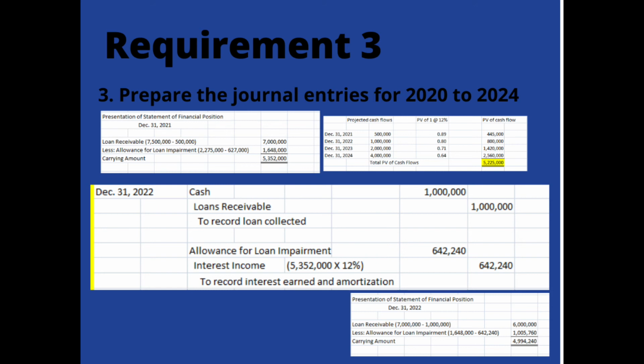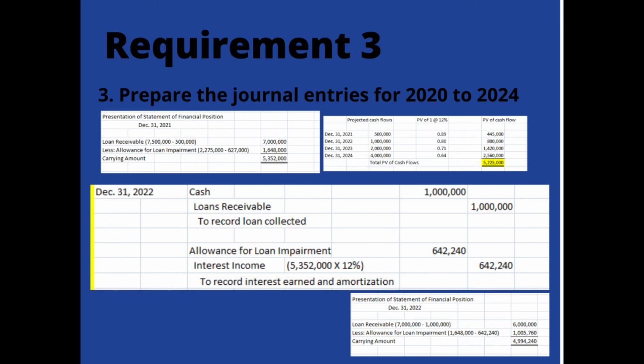The cash is debited and the loan receivable is credited, amounting to 1 million, while the allowance for loan impairment is debited and interest income earned amounts to 642,240, which is based on the carrying amount of last year, which is 5,352,000, multiplied by the interest rate.